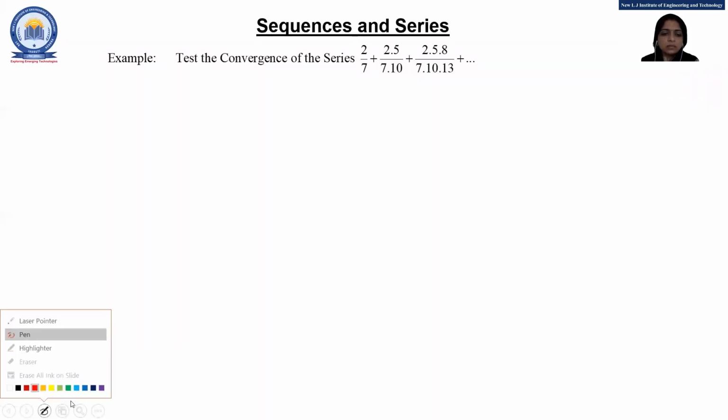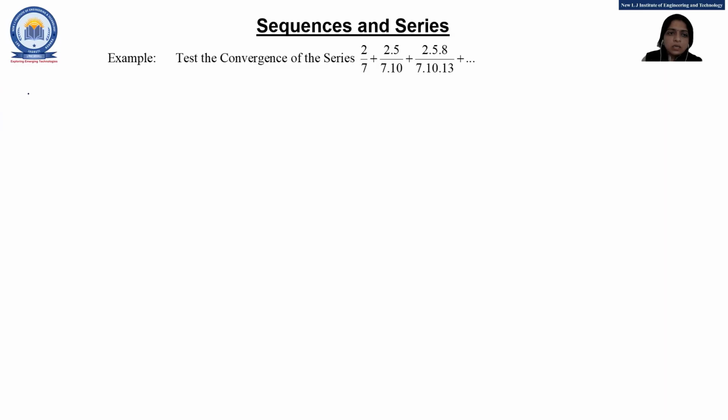Test the convergence of the series. Here the given series is 2, 5, 8 and so on in the numerator, and the denominator 7, 10, 13 and so on. So what is our nth term here? In the numerator, 2, 5, 8 up to the nth term, that is 3n minus 1, right?